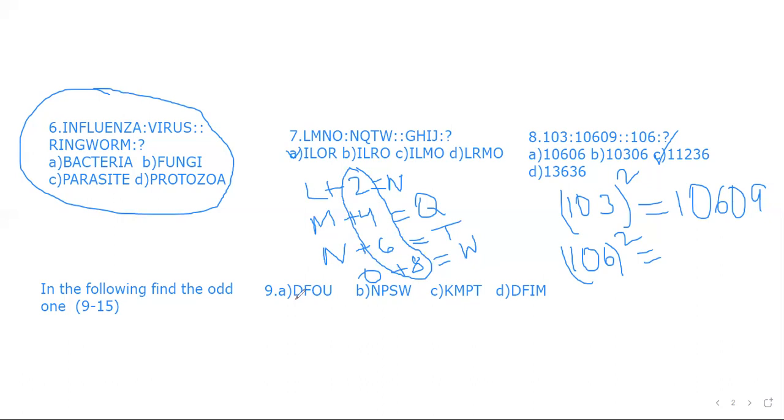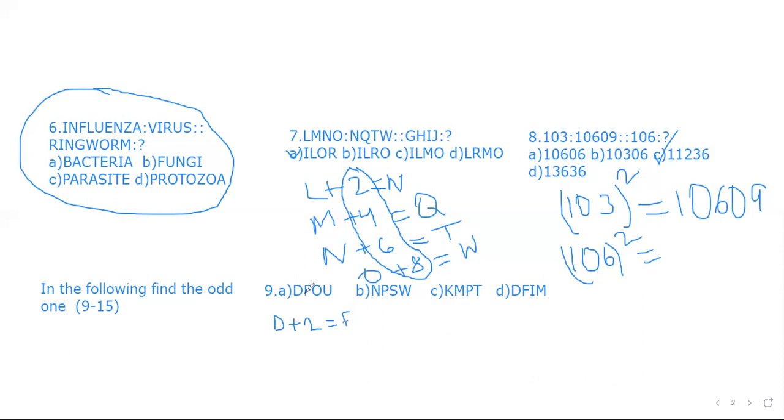You try adding, means how many steps I need to go from D to F, you check. How many steps I need to go from F to O, also you check. Or how many steps from O to U, also you check. Like from D to F, I need what? D, E, F. So from D to F, I need two steps.